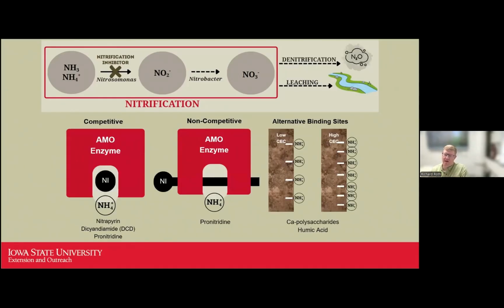And when we think about nitrification inhibitors that exist on the market today, there's basically three primary active ingredients in our commercial products. That's going to be nitrapyrin, which is in name brand products like Instinct or N-Serve.